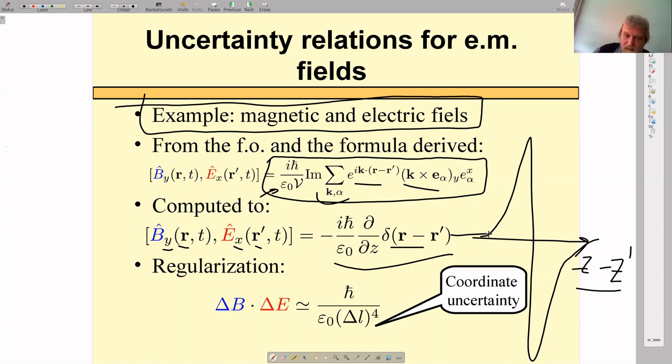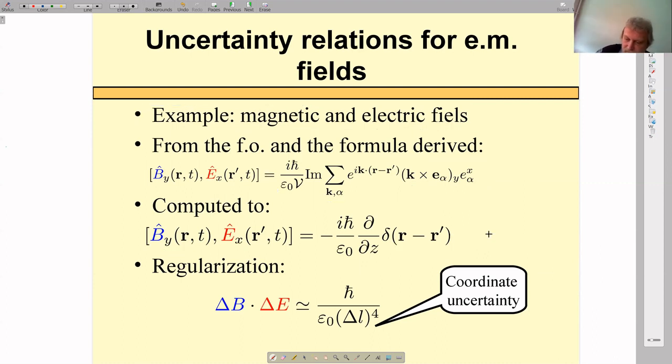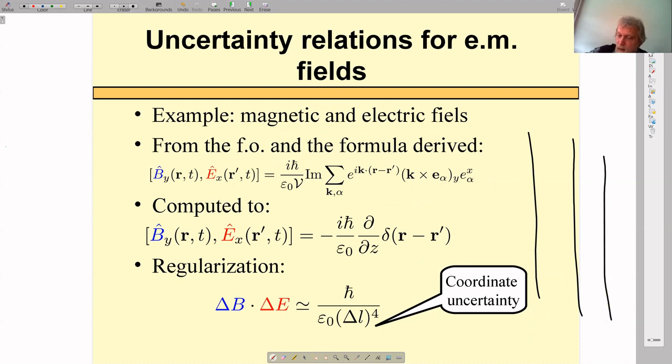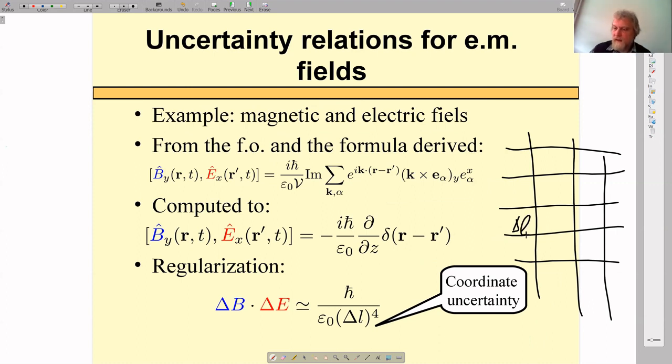There's a way to do this. In technical terms, it's called spatial regularization. We regularize our space. We separate it into cells of size delta L in all dimensions.